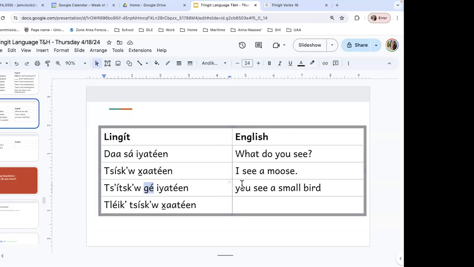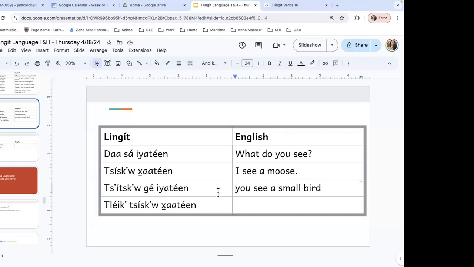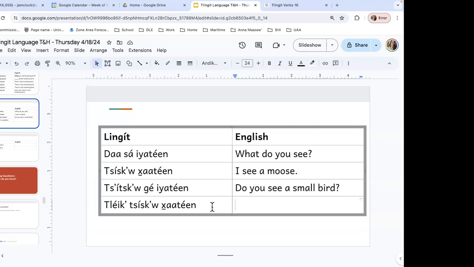And then the get does what? Yes or no? Yeah, it makes it a yes or no question. So in English, how would we say that? Do you see a small bird? Yeah, good. Nice. And then what would this be? Take tisk khatin. No, a moose I see.